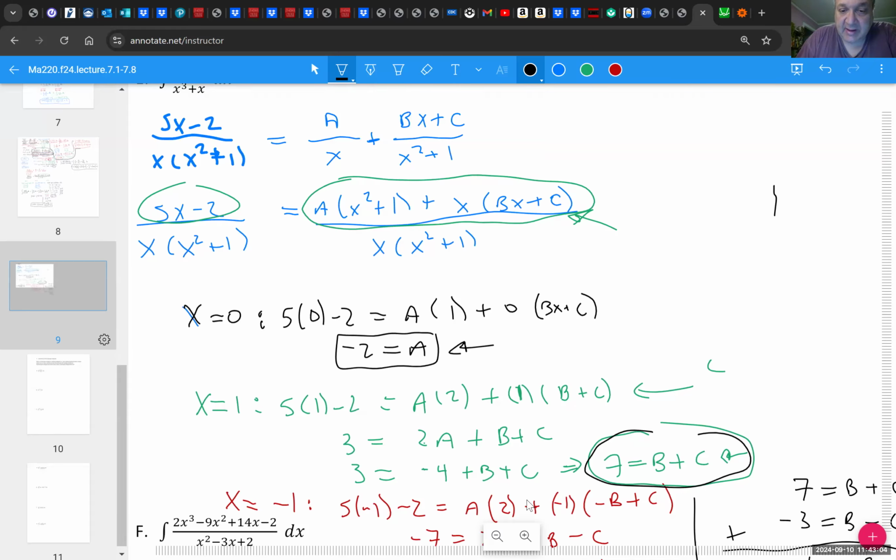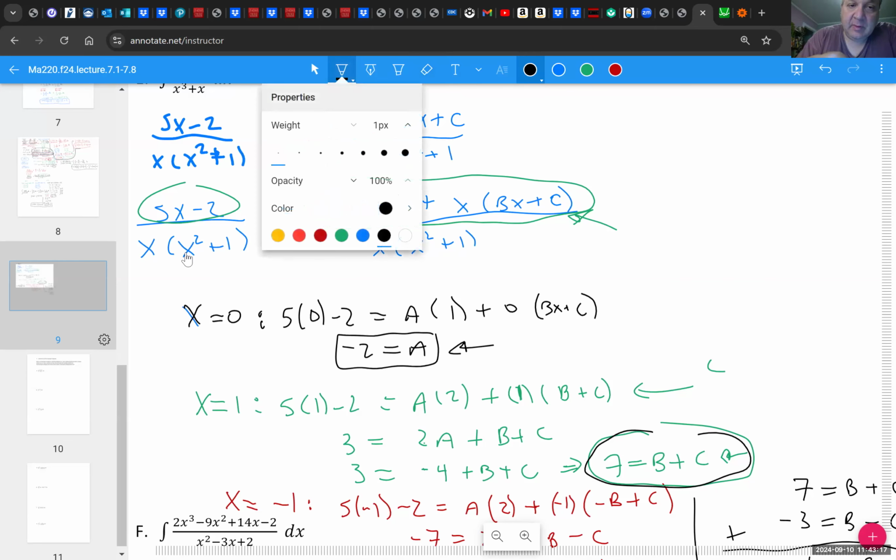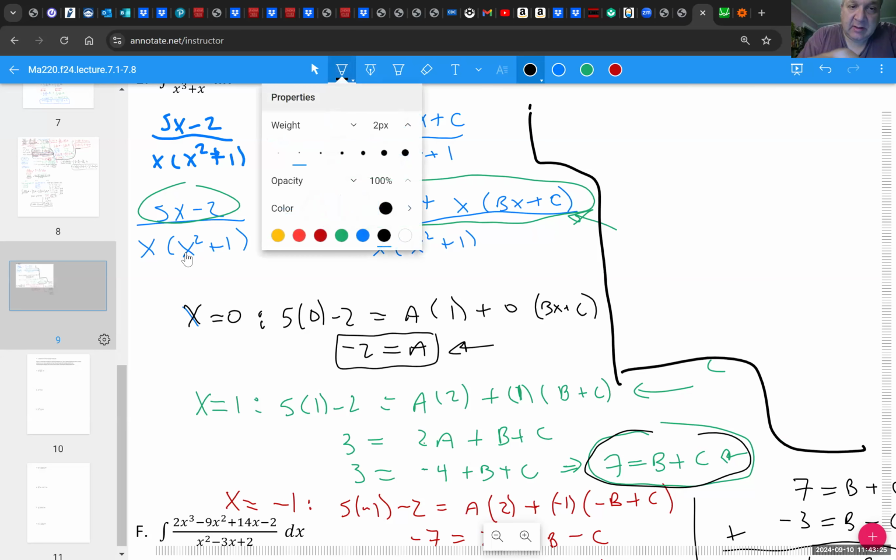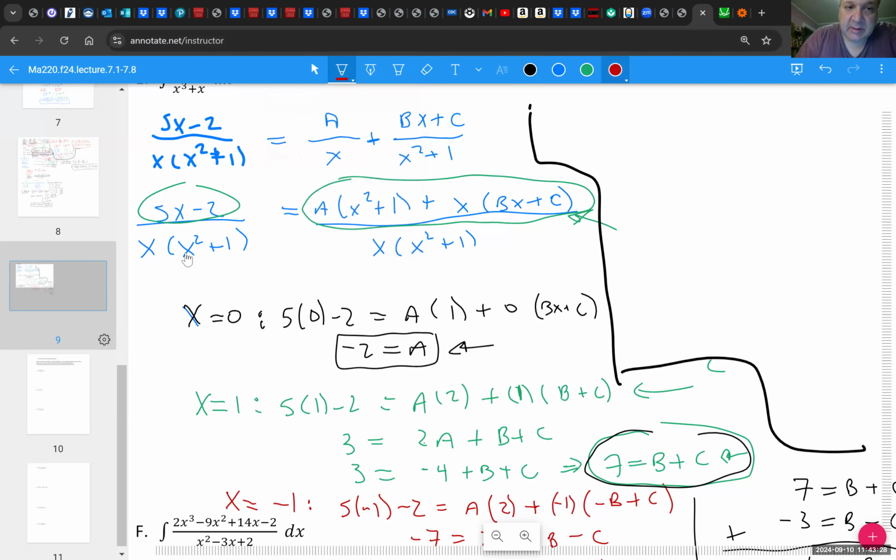So what do we get? I'll write it over here on the side. My original integral is 5x minus 2 over x times x squared plus 1. Let me make a line here separating all the stuff, and maybe I'll do it in red. So I get 5x minus 2 over this denominator, which is broken up into these two things: a over x.